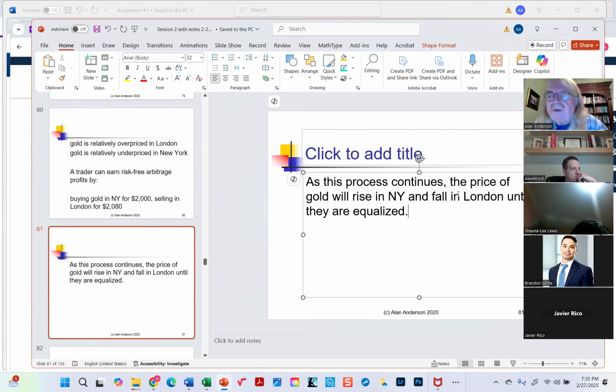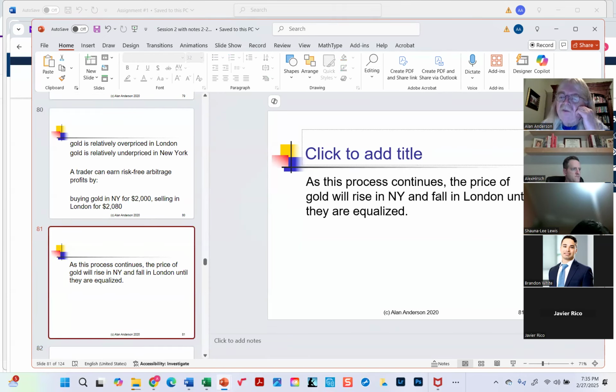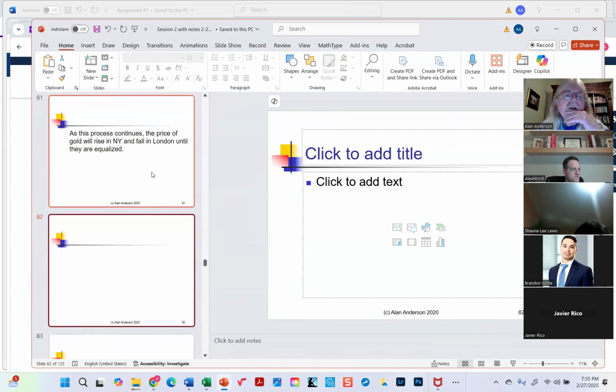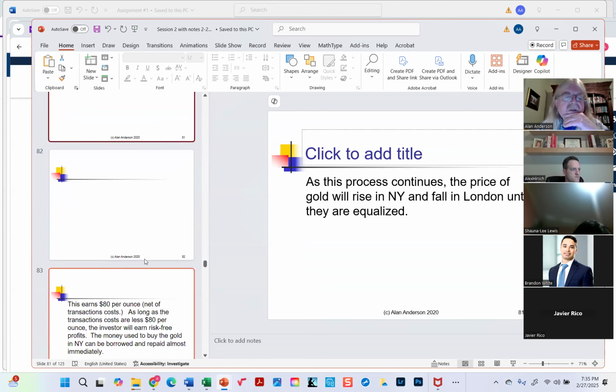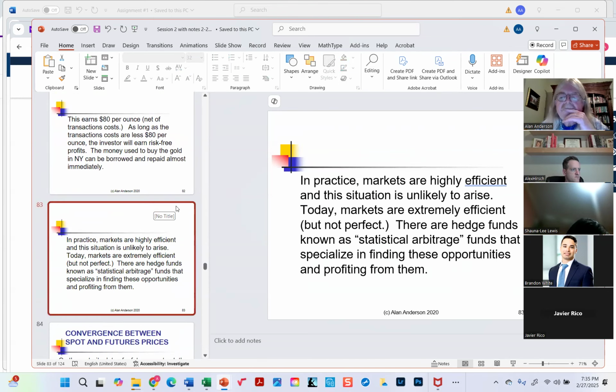Because if you're dumping gold in one market and buying up like crazy in the other, the prices have to adjust, of course. And so this kind of thing will only last for a short period of time, if it arises in the first place. Okay, so I just want to make sure that's clear. You can't just say, well, this will last forever, right? No, it doesn't work that way.